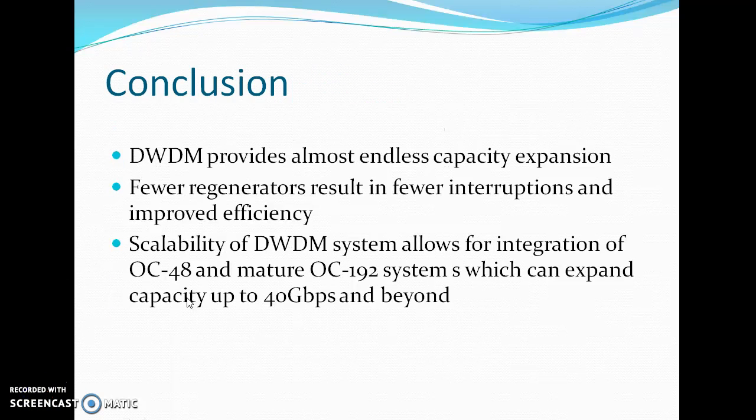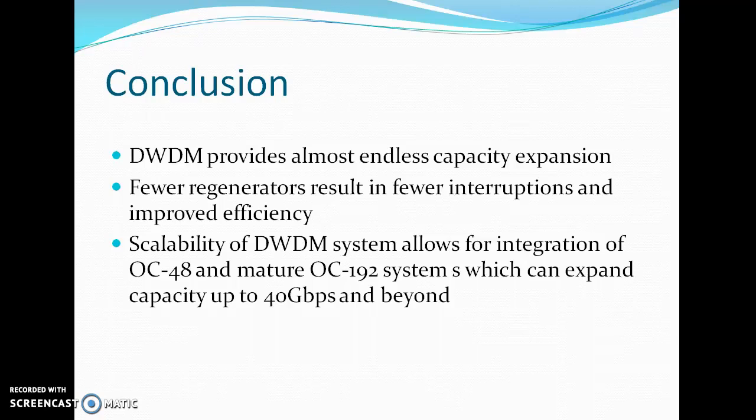So we have come to the last part of our presentation, which is the conclusion. In conclusion, I would like to say that DWDM provides almost endless capacity expansion, as it allows service providers to expand capacity in any portion of their networks so they can address congestion due to high capacity demands.